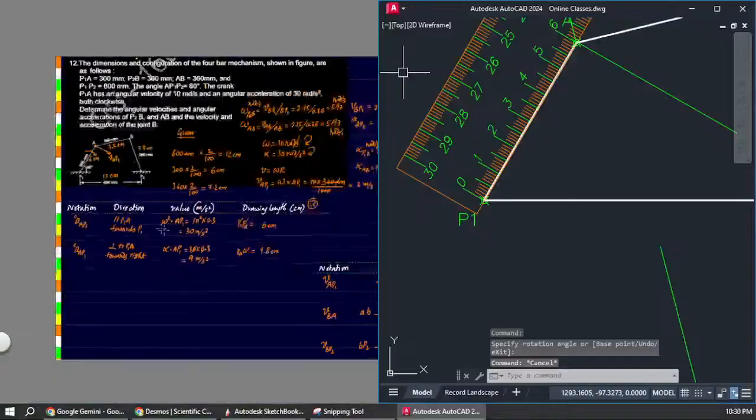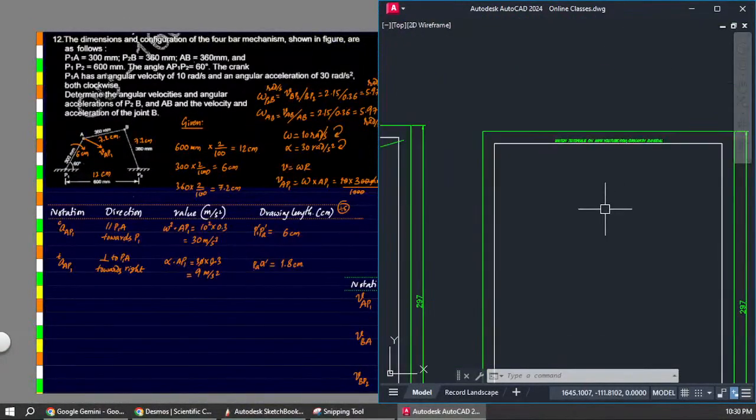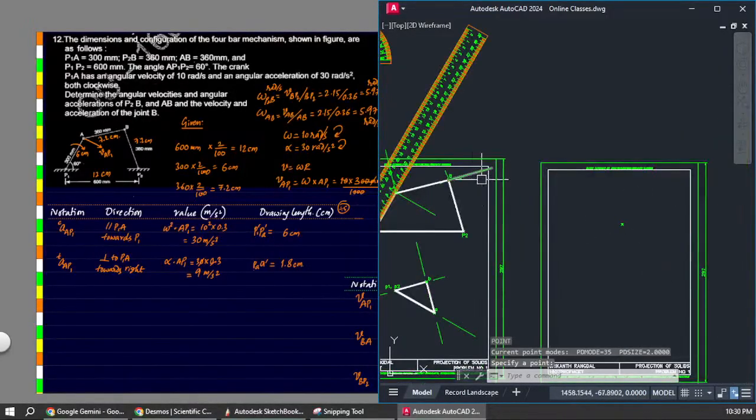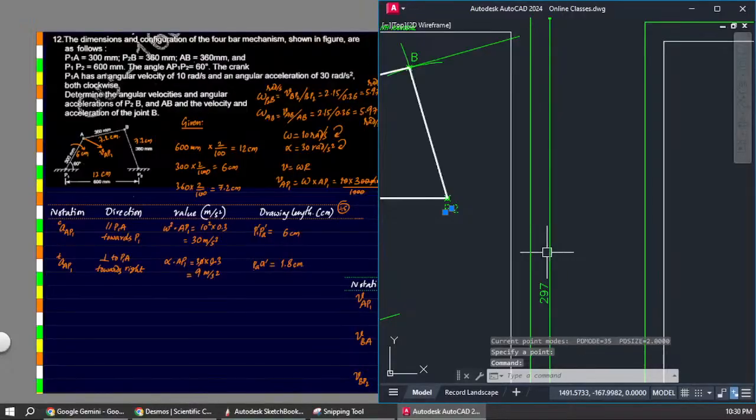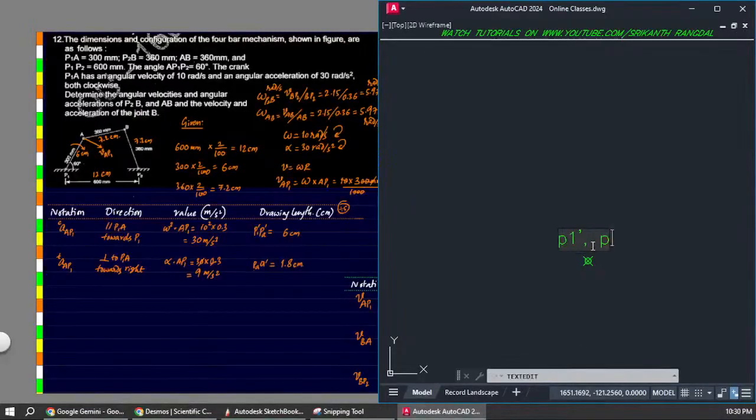Downward length is 6 centimeters. Because it is downwards, let us take a point somewhere here. The name of this point is P1 dash and P2 dash.